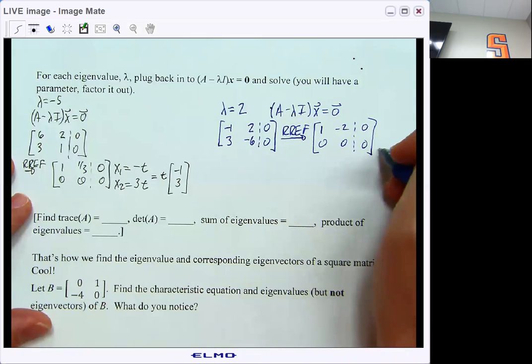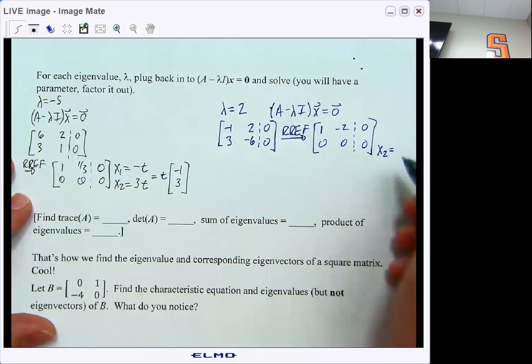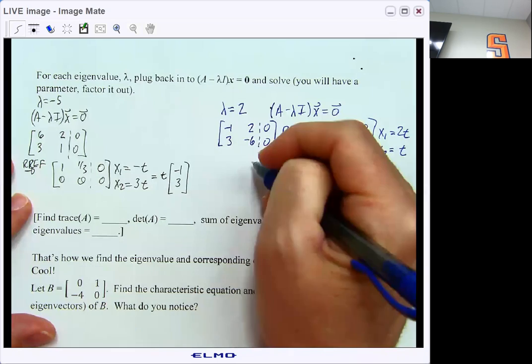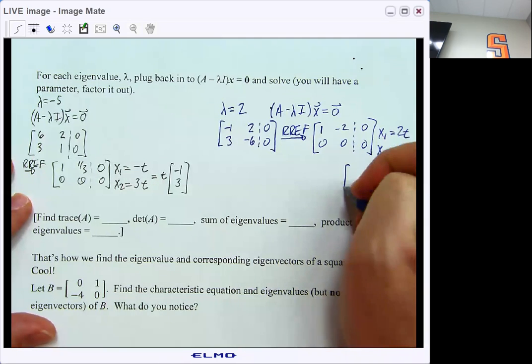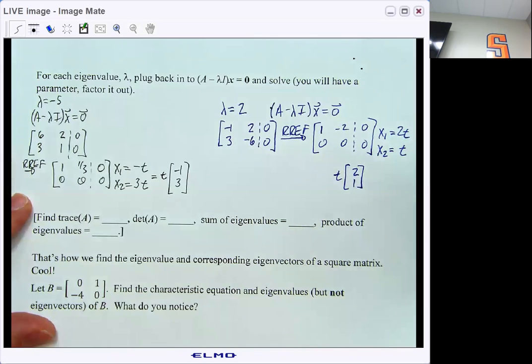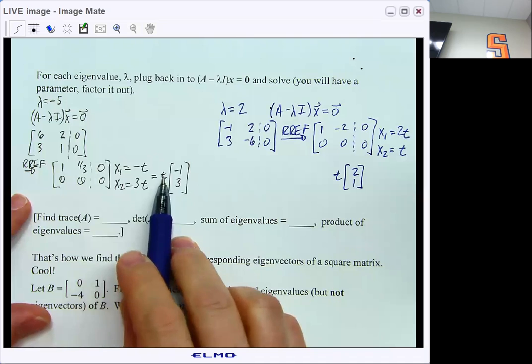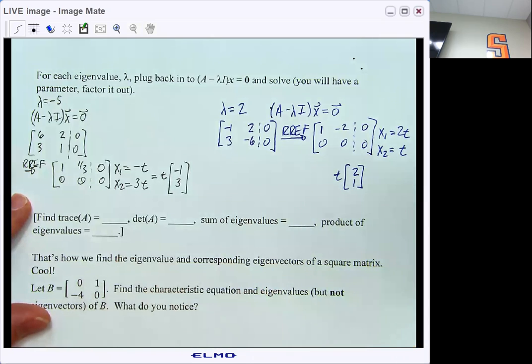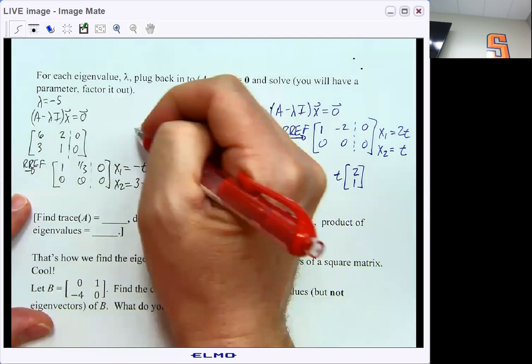So once again, we would find out that x sub 2 is going to need to be a parameter, so I'll call him t, and x sub 1 then would be 2t. So if I factor out the t here, I get the vector 2, 1, and since t is just a scalar multiple, we want to write these in their eigenvalue, eigenvector pairs.